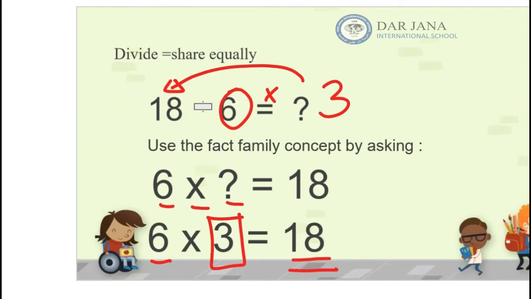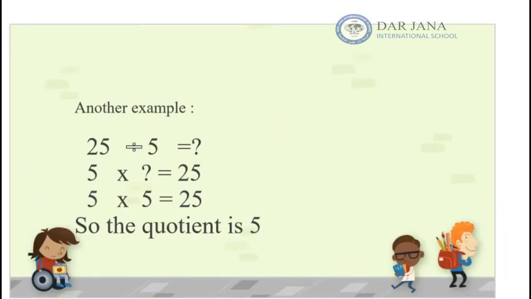What we did here is from the multiplication sentence in the fact family of 18, 6, and 3; I used it to find my quotient. We're going to do a couple of exercises so you can know it better.